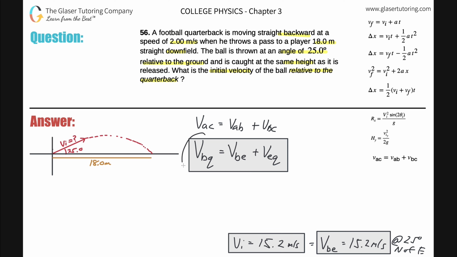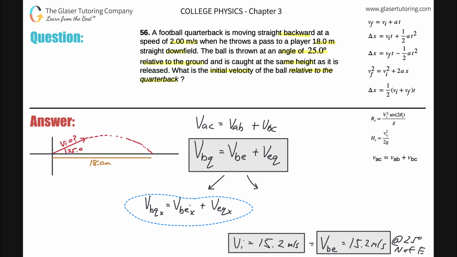In order for me to find the overall velocity of the ball relative to the quarterback, I have to be able to sum two things. If it is a two-dimensional problem, which it is, I have to take the velocity of the ball relative to the quarterback in the x direction, and that should equal the velocity of the ball relative to the earth in the x direction, plus the velocity of the earth relative to the quarterback in the x direction.